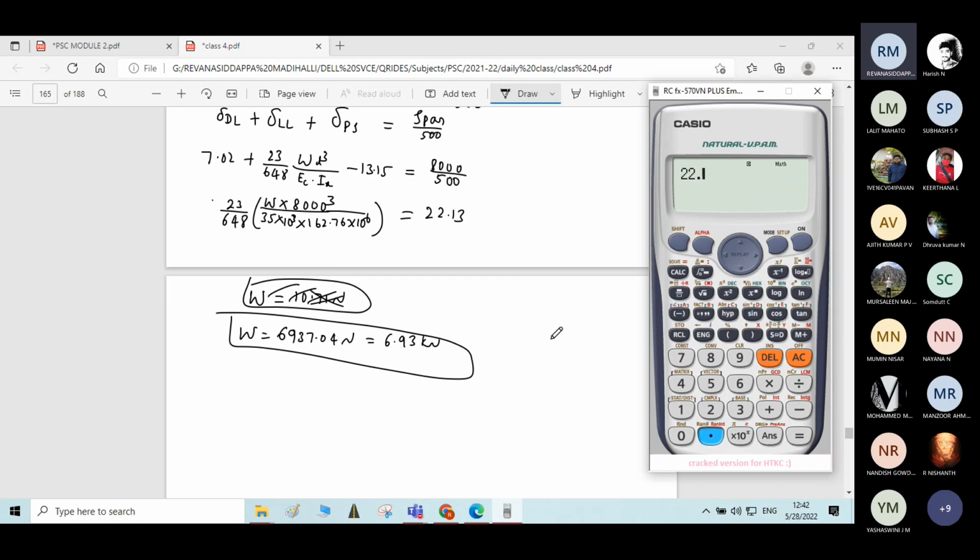It is 22.13 into 648 into 35 into 10 power 3 into 162.76 into 10 power 6 divided by 23 into 8,000 cube.